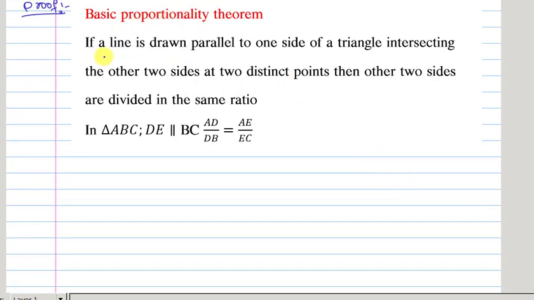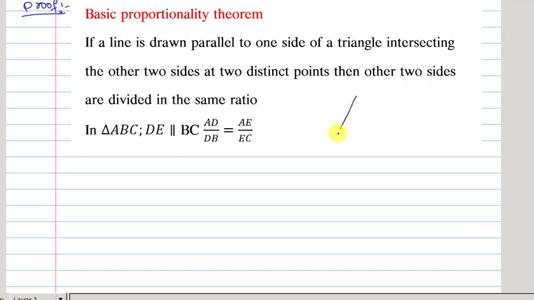It says that if a line is drawn parallel to one side of a triangle, intersecting the other two sides at two distinct points, then the other two sides are divided in the same ratio.